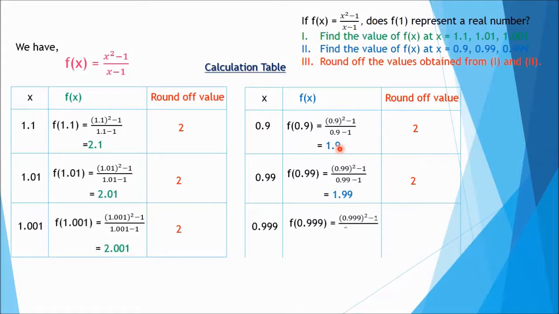Now 0.999 square minus 1 upon 0.999 minus 1, its value will be 1.999, and if we round it off, its value will be 2. The nearest whole number is 2, so our rounded value is 2. Let's close the table, and you can see the entire answer.